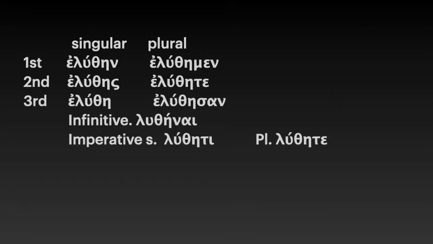The difference is that if you give the infinitive or the imperatives in the present tense, then it is to do it and keep on doing it. If we have it in the aorist, then it's to do it mainly the once, or to have the result be of only a very short duration.